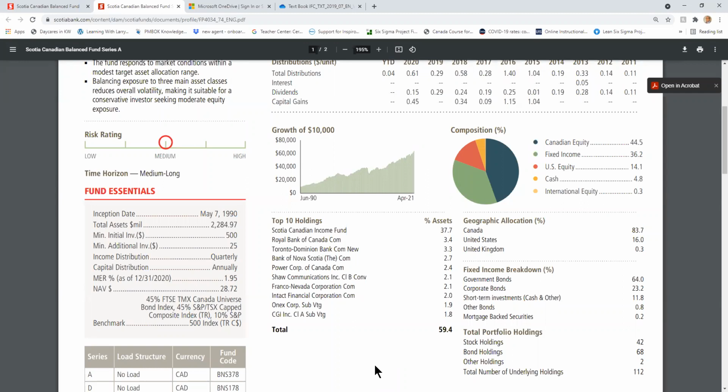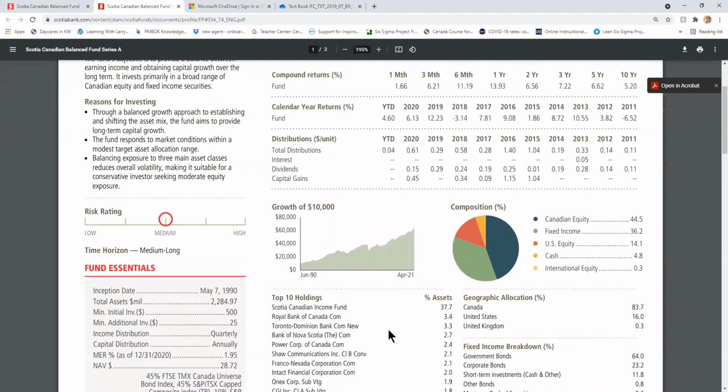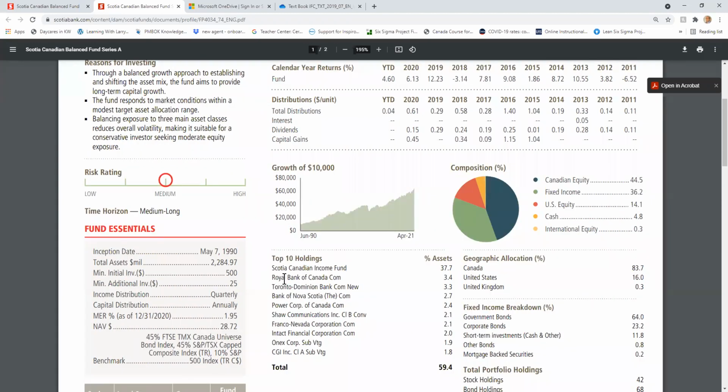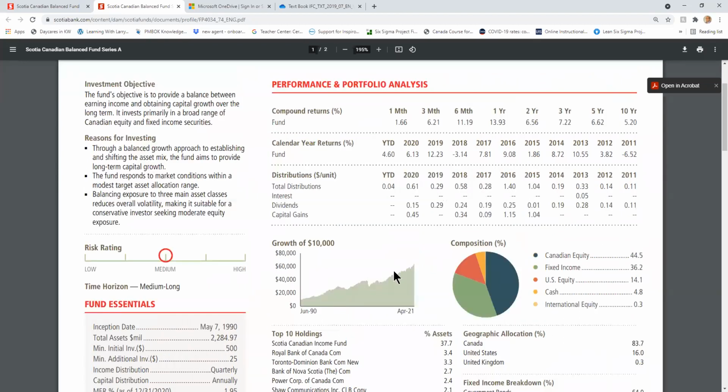By putting money in here, it is automatically distributed into all these types of investments, stocks and bonds. Your return depends on the stocks. If Royal Bank shares go up, if TD shares go up, if a bond's value goes up and it gives more interest, your investment will go up.